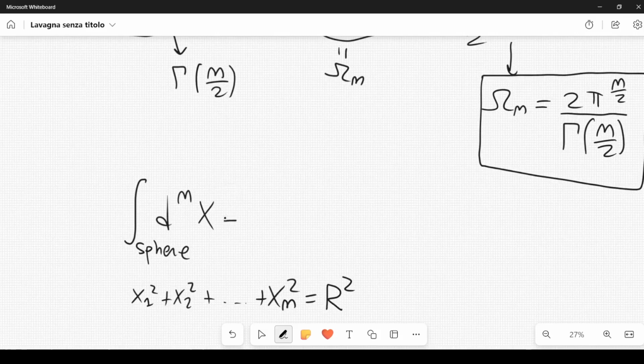But now we go to spherical coordinates, and we know that in spherical coordinates we can write this differential as r to the power n minus 1 dr d omega.